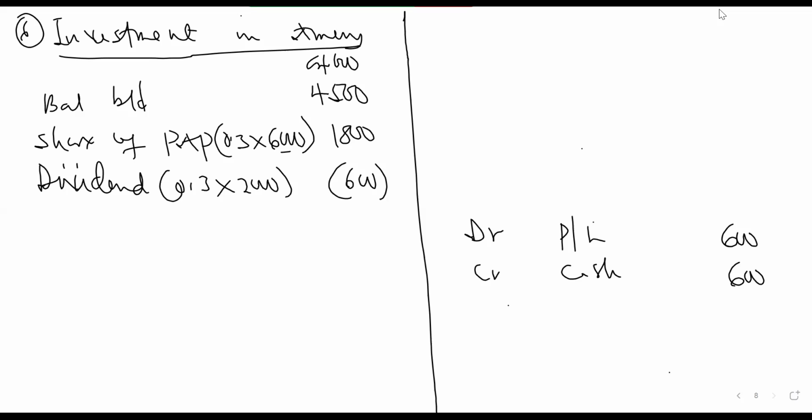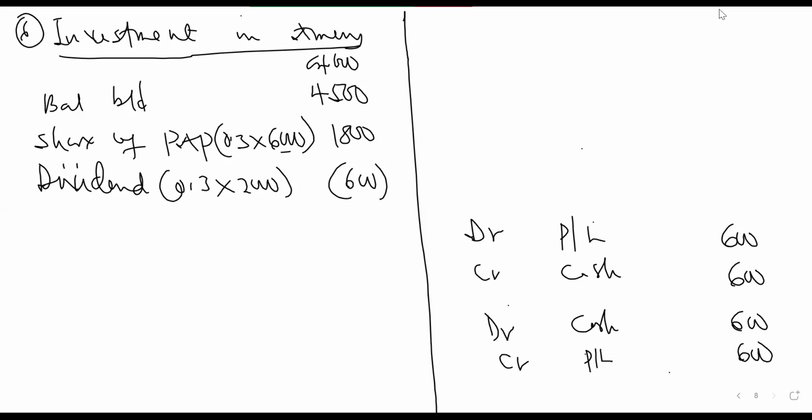Okay. But you are going to be receiving this particular dividend. If you receive the dividend, it will be in cash. So you debit your cash, which will be 600, and you now credit your profit or loss or group retained earnings with the 600.